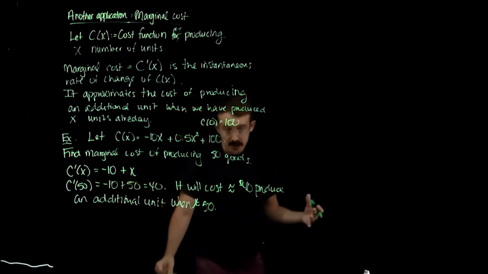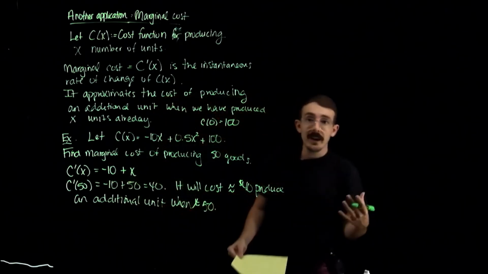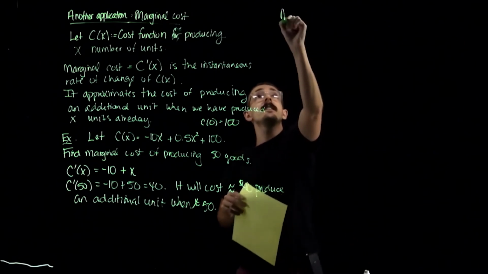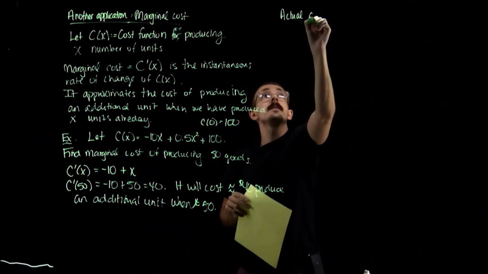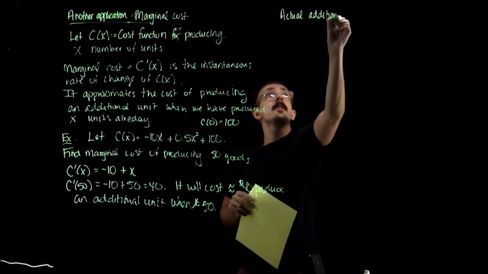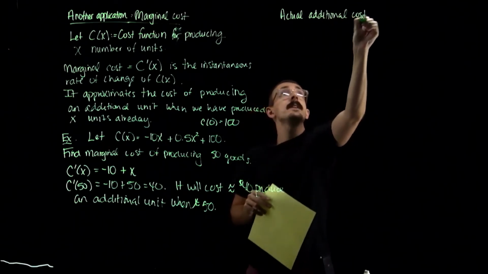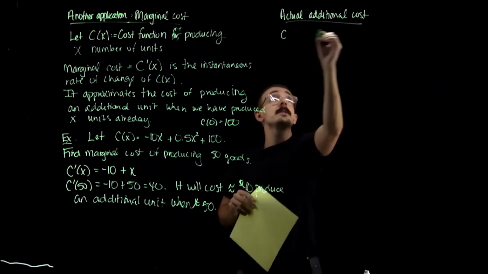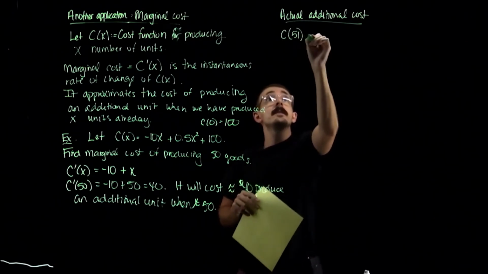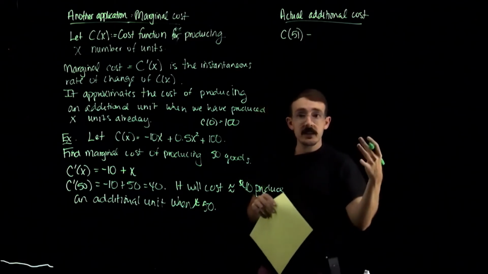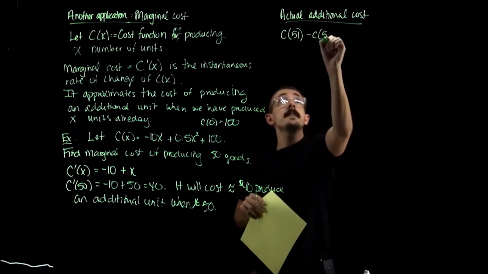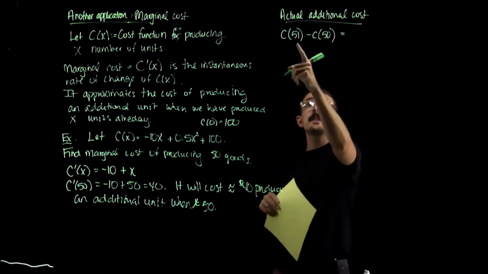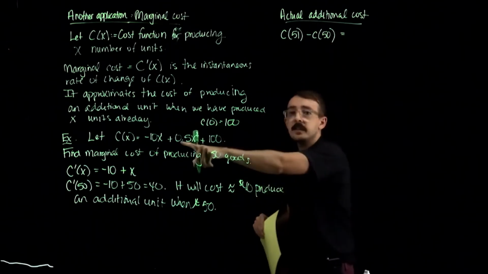We have this approximation. However, we can go ahead and find the actual additional cost. We can do this because we have the actual formula. So the actual additional cost would be c of 51, producing the next good, minus c of 50. OK, well, what's that equal to? You're just going to plug these numbers into this equation.